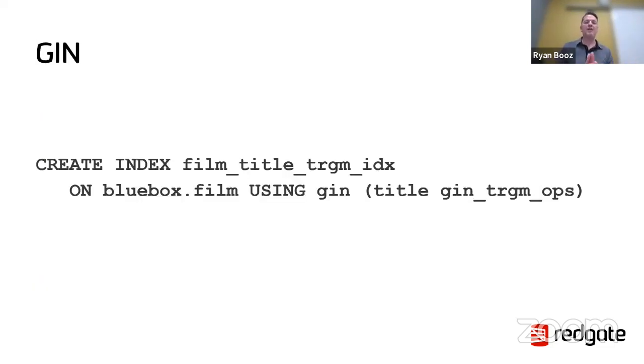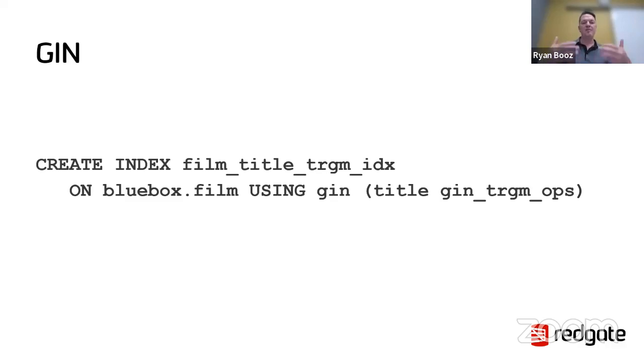Now, I showed it to you because it's an implementation of GIN, but it's not provided by default. So if you want to create a trigram index on a string, you have to actually specify the trigram operator class. And so that is the unique implementation. As I said earlier, GIN is a generalized framework.